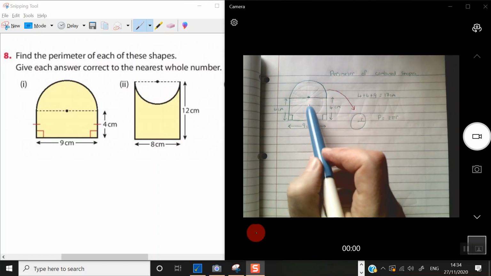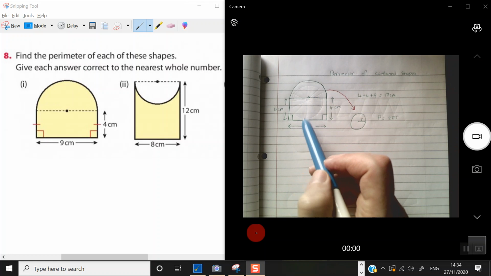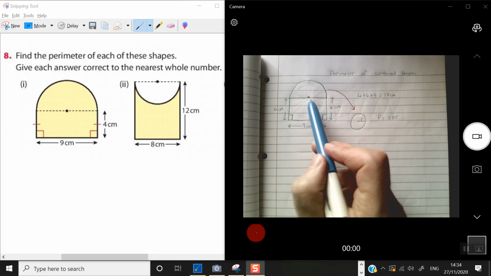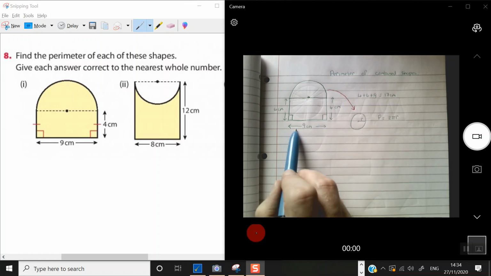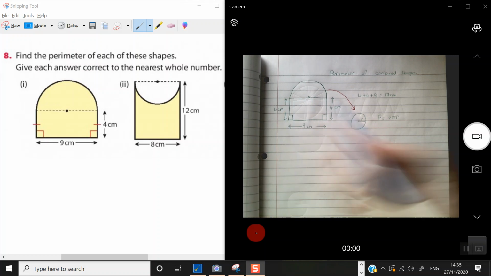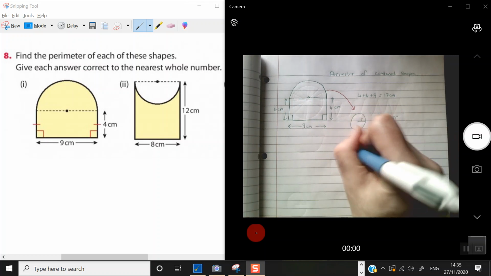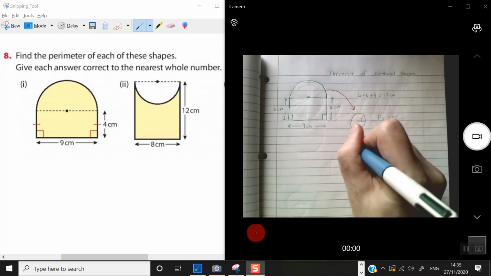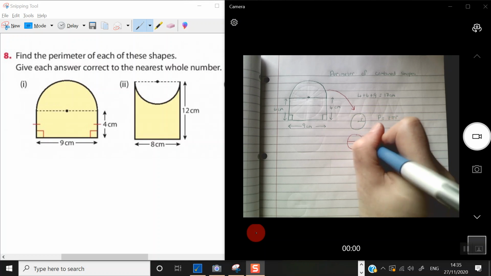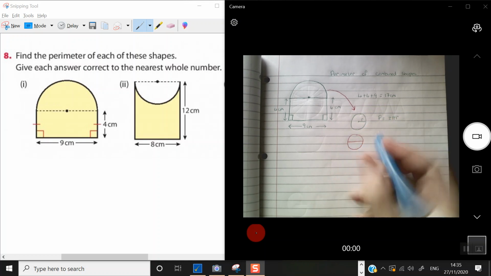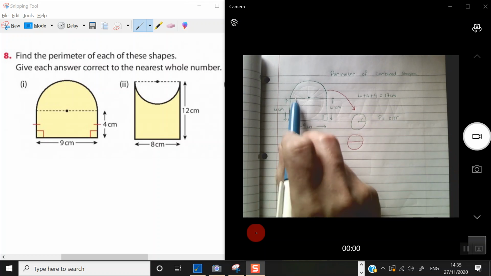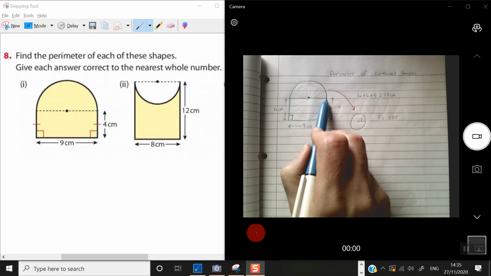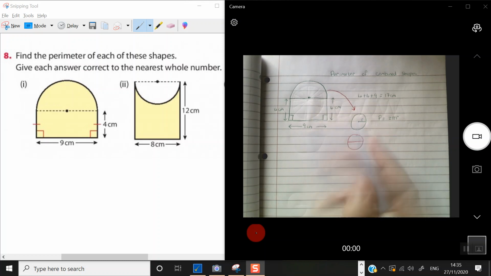The first thing we need to figure out is the radius of this circle. You can look at it from the point of view that 9 centimeters would be the diameter of the circle. Imagine this is our circle, and the diameter, which is the length from one side of the circle to the other, would be 9 centimeters, from here to here.